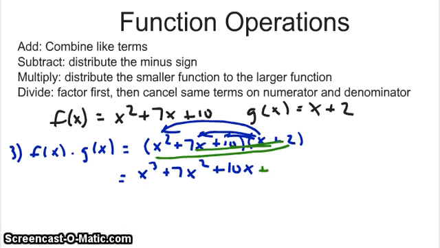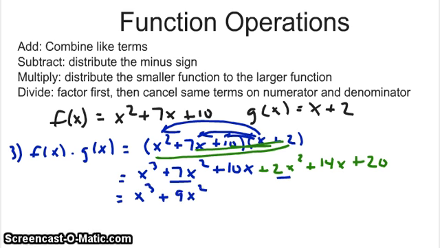So we'll have plus 2x squared plus 14x plus 20. And now it's just a matter of combining like terms. So we have x cubed, we have 7x squared and 2x squared, so plus 9x squared. 10x and 14x will be plus 24x, and then plus 20, and that would be your final answer.